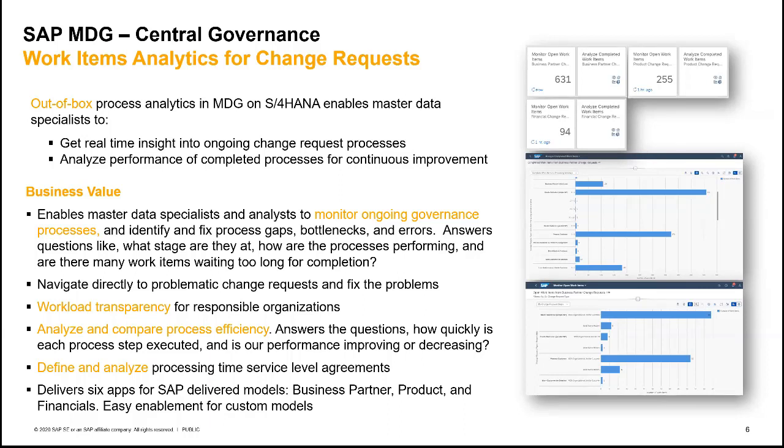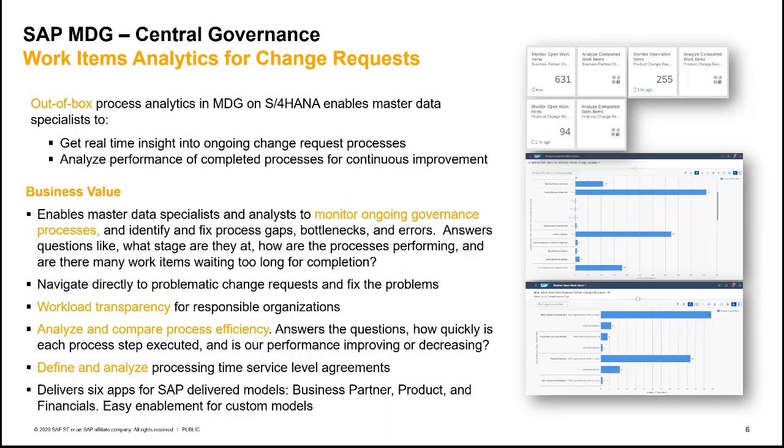Those apps will enable the master data specialist to get real-time insight into ongoing change requests, as well as to analyze the completed change requests. By using this app, you can monitor the ongoing governance process and answer questions like where those ongoing change requests are, which steps they are currently staying in, and whether they are waiting in the queue for a long time for approval.